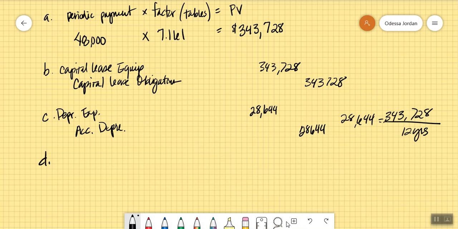So the lease payment for the next 2 years, we're going to debit interest expense, debit capital lease obligations, and we're going to credit cash. Cash is going out to make these payments.